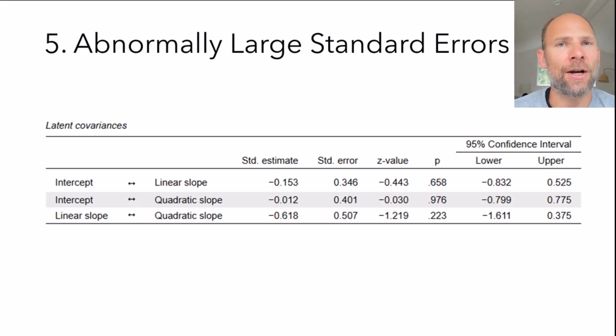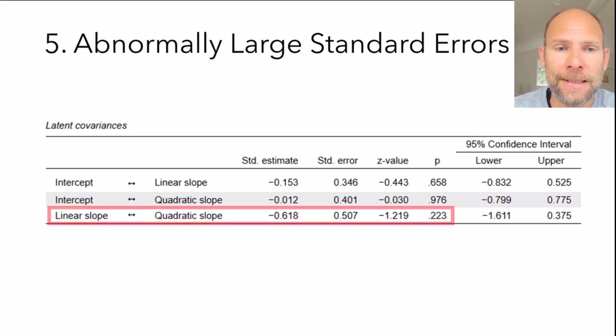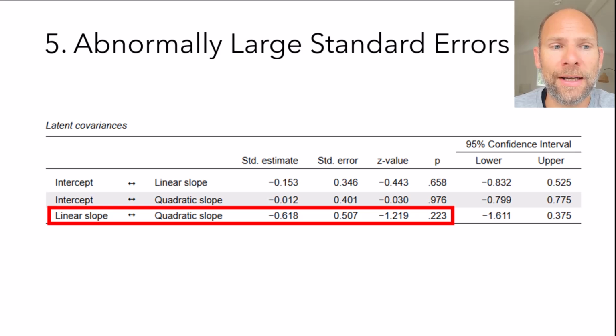And there's not an absolute rule, so to say, for interpreting them or for finding out what might be an abnormally large standard error. But here you can see an example where we have a correlation estimate between a linear slope factor and a quadratic slope factor in a quadratic growth curve model.